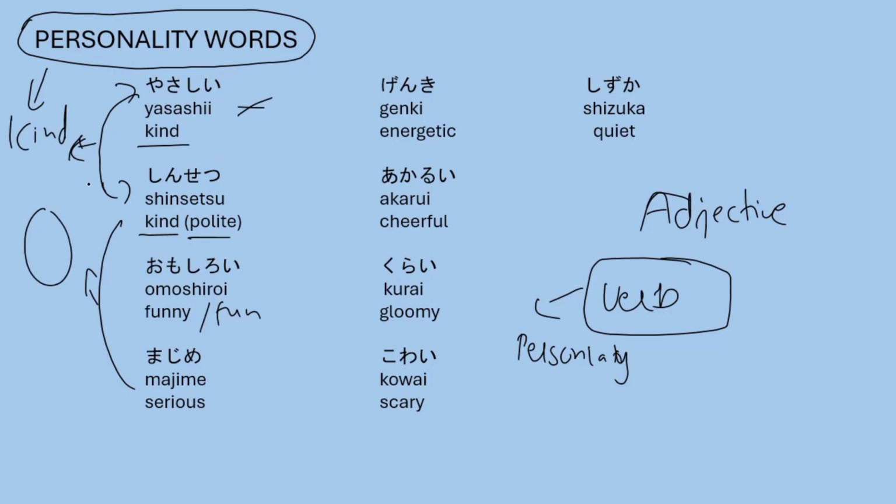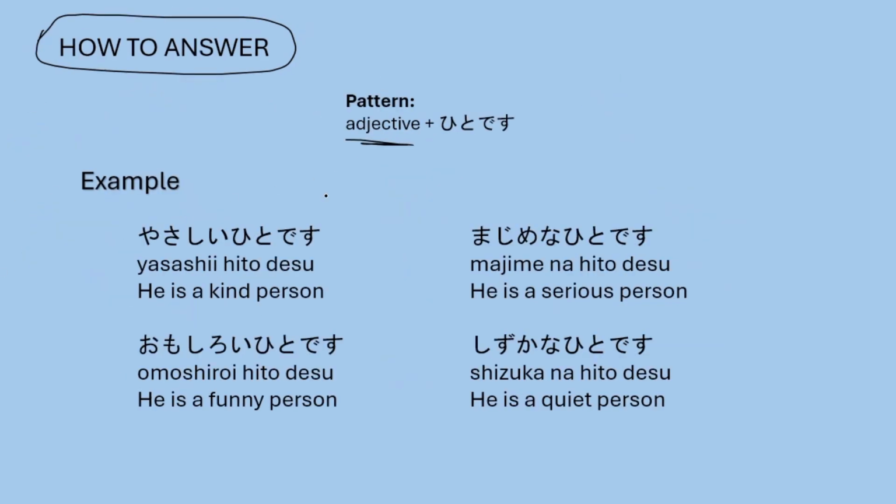So first we add the adjective and at the last we add hito desu, or whatever the person or thing is. You can also add tomodachi desu. He is a serious friend. You can also add this.